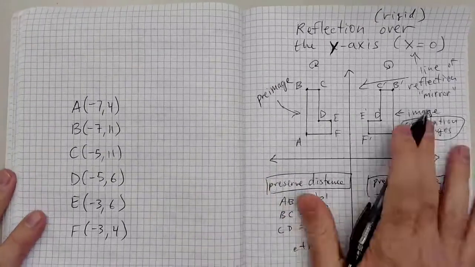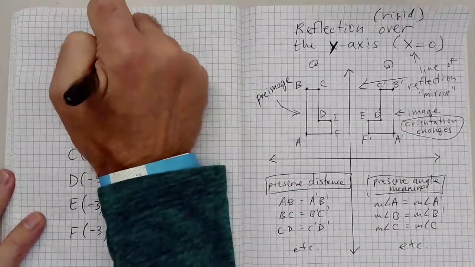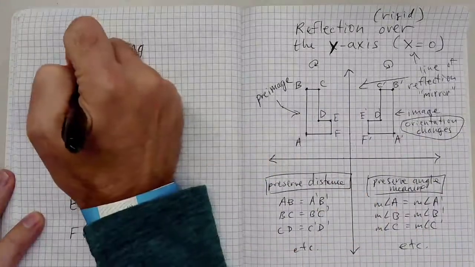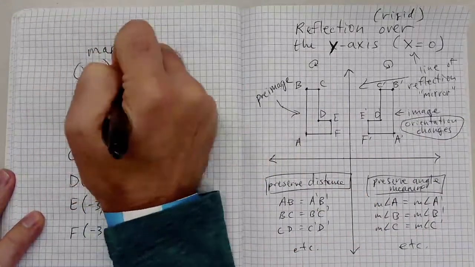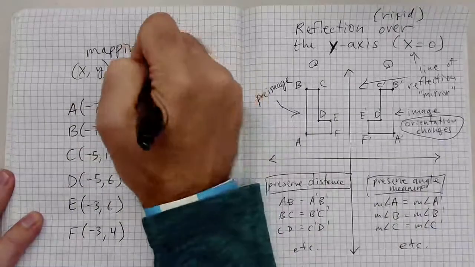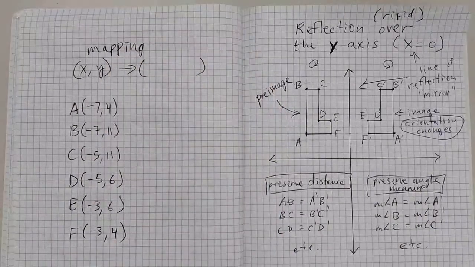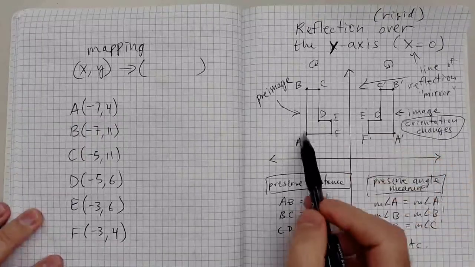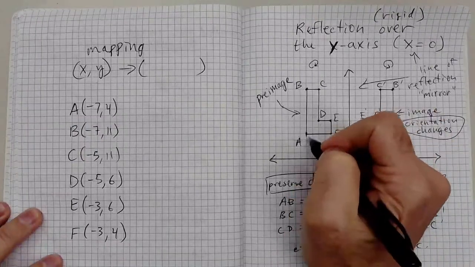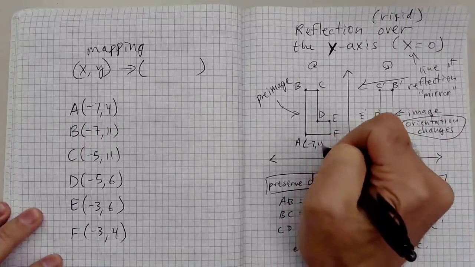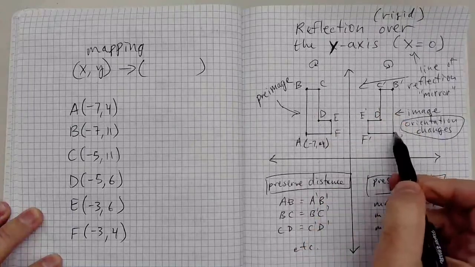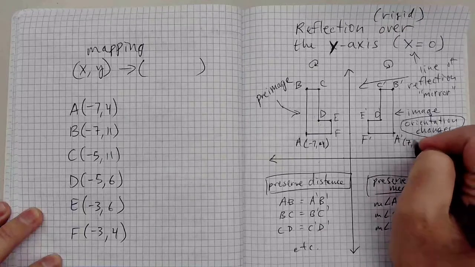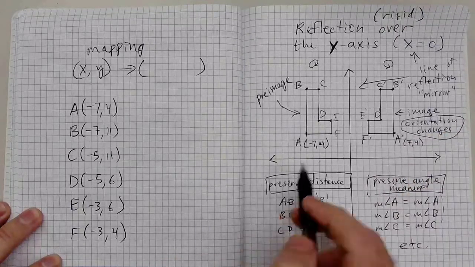So finally, let's look at the mathy behind the graphy. When we're mapping a reflection, we're going to start with our x and our y, and we need a rule. So what happens with our rule? We can check it quickly. We can say that A is at (-7, 4). Okay, this A prime is going to be at (7, 4).